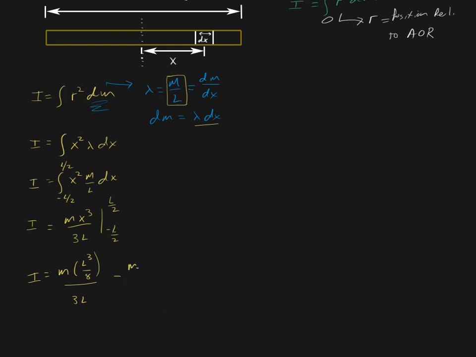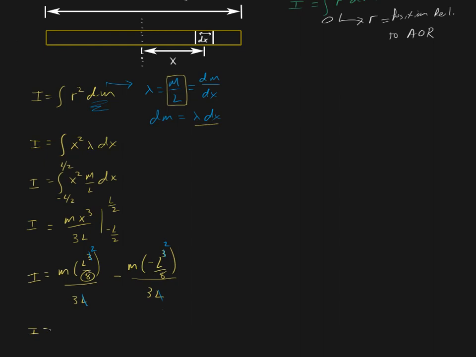That's going to give us an m times a minus L cubed over 8 divided by 3L. So now you can see that we're going to get some canceling. This L cancels with one of those L's. And whenever we simplify this fraction, we end up with the 8 going in the denominator.